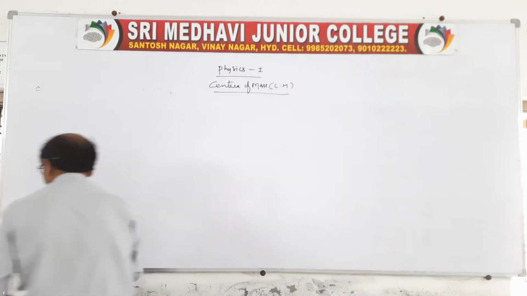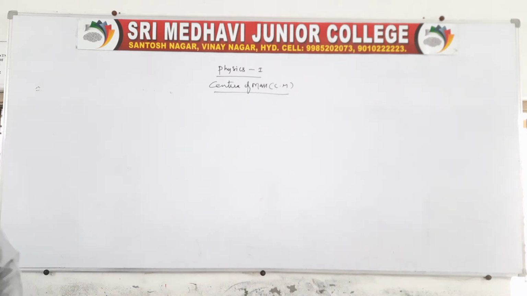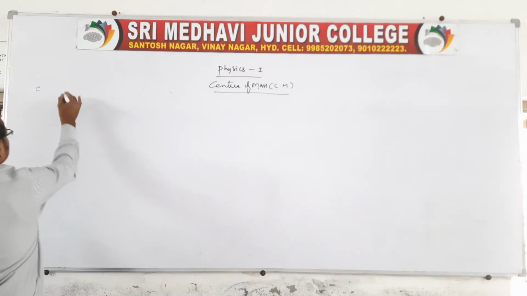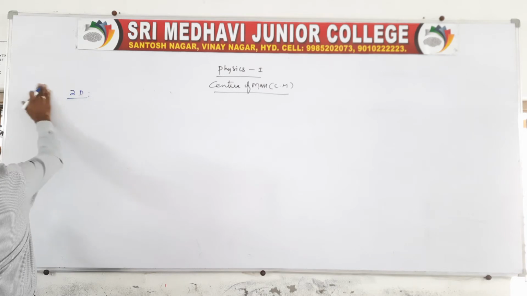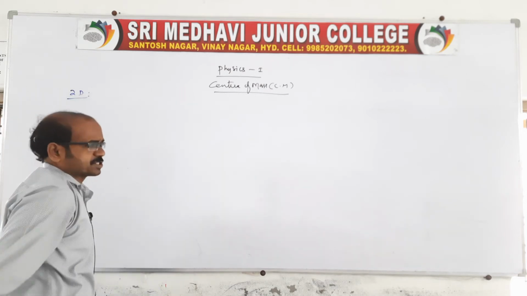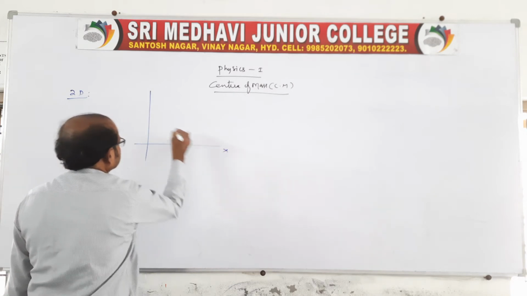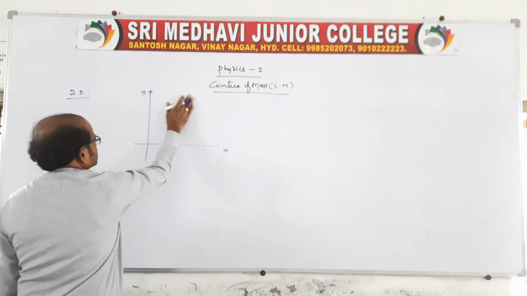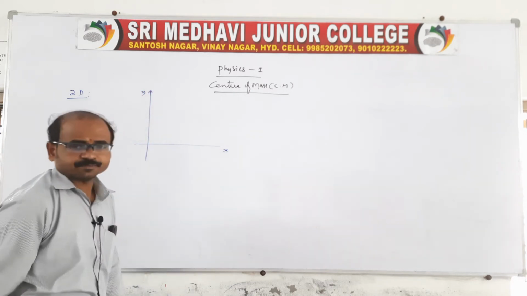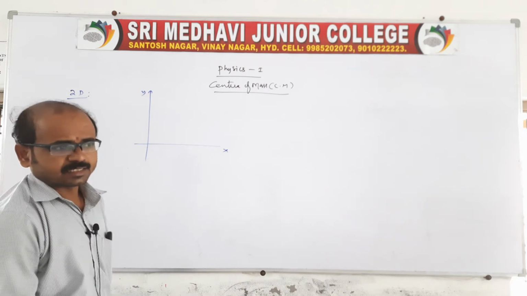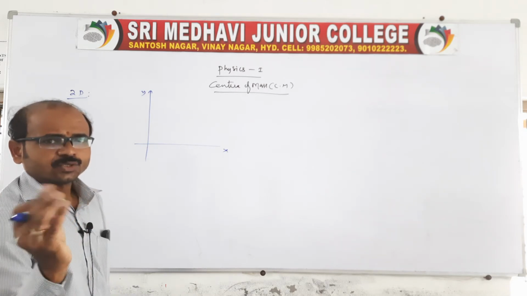See, in case of a 2D, what will happen to the position of center of mass? You take a plane, x, y. The plane consists of n number of particles. Again, you take only a two particle system.